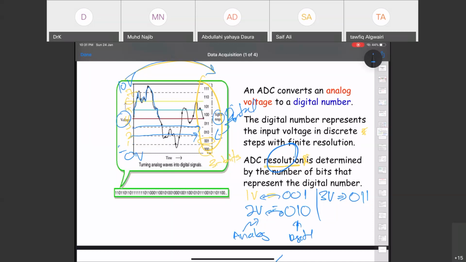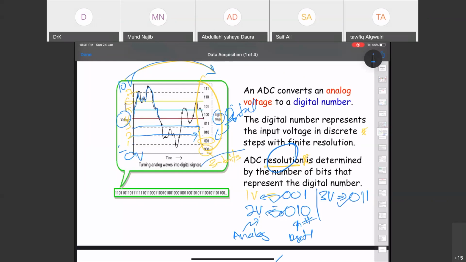If you take 1 volt, you get one representation. If you take 2 volt, you get something like this. So 011 represents my signal at 3 volt, and 010 represents my signal at 2 volt, for example.